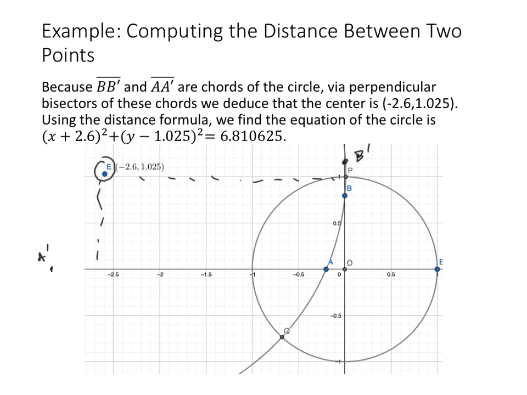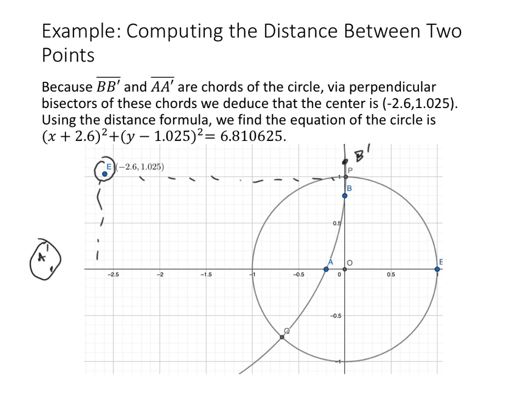I realize here that A prime has been placed sort of in the wrong place. It should be much further to the left. But at any rate, we have now found the center of our circle. And once you have the center, which is about (-2.6, 1.025), then you can produce the equation of this circle.